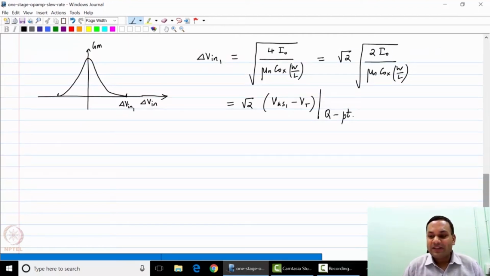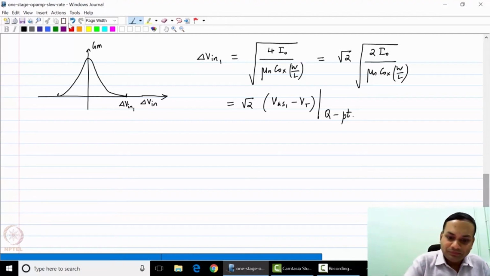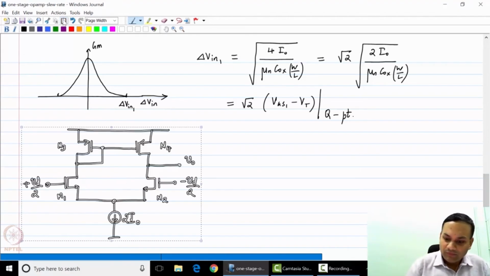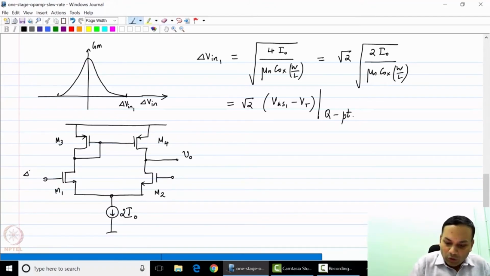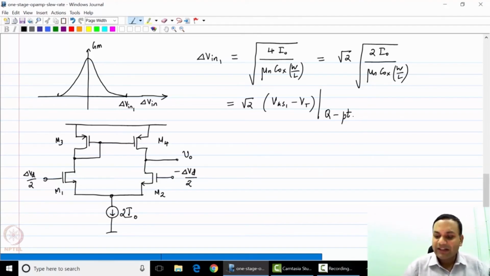Now we are interested in this for a very specific reason. We are now going to study what will happen if you start applying incremental steps to the input of the op-amp. So I am going to take the op-amp and start applying incremental voltage steps, delta VD by 2 and minus delta VD by 2.